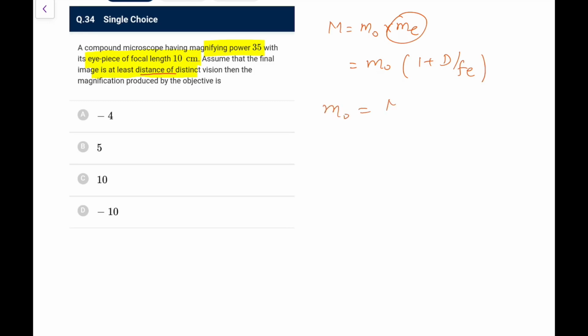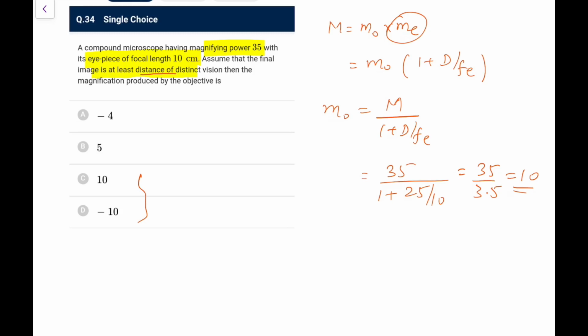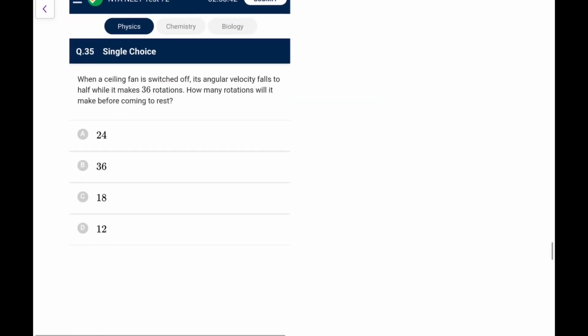So MO would be M upon 1 plus D by FE. The total magnifying power is 35. D you know is 25, and FE is 10, so 35 upon 3.5, so it is 10. Because the options are 10 and minus 10, you just remember the objective lens produces an inverted image, so magnification has to be negative. So I'll go for minus 10. That would be more appropriate than plus 10. I have just calculated the magnitude, and because both signs are given, I'll go for minus 10.